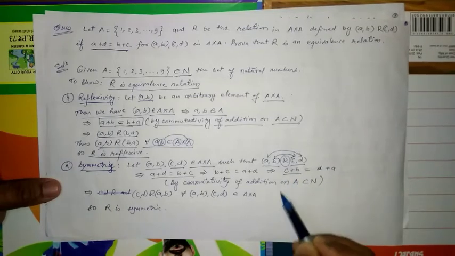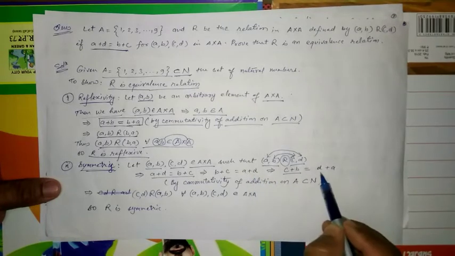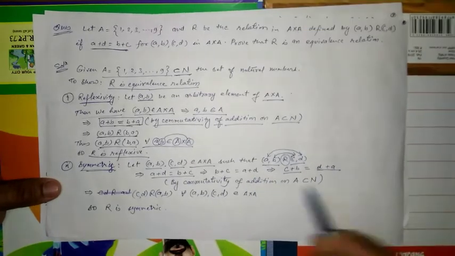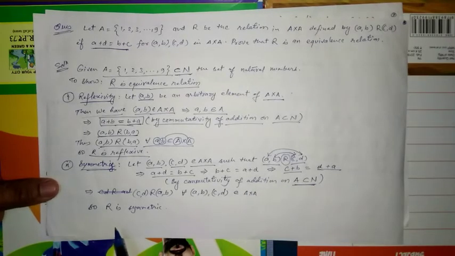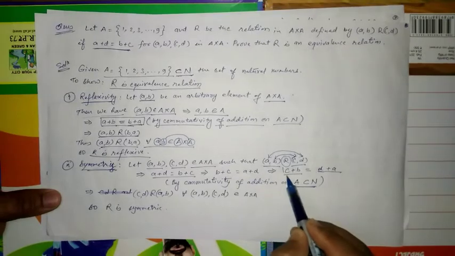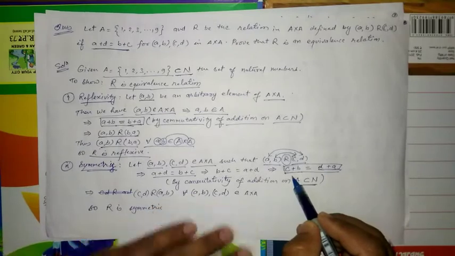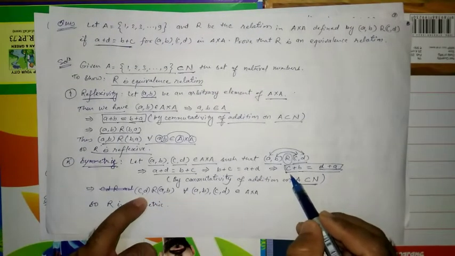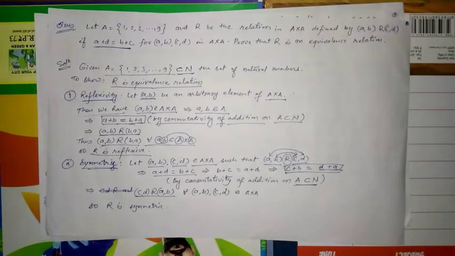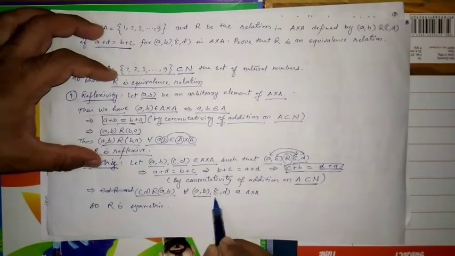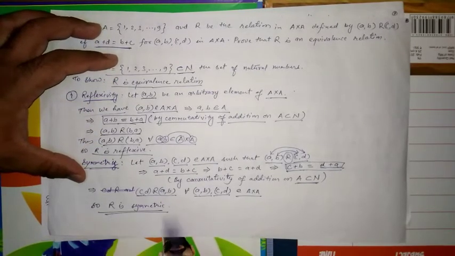We can write B plus C as C plus B, and A plus D as D plus A, by commutativity of addition on A. We can write these things, and after writing these things, definitely we can make it CD related to AB by relation R for all AB, CD that belong to A cross A. So therefore R is symmetric.